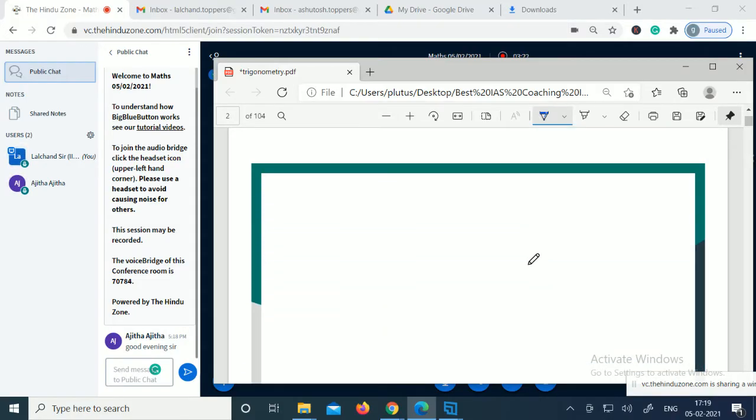The word trigonometry. It involves functions like sine, cos, tan. Okay. So basically trigonometry is formed by the combination of three words. First word is tri, second word is gonon, third word is metron.